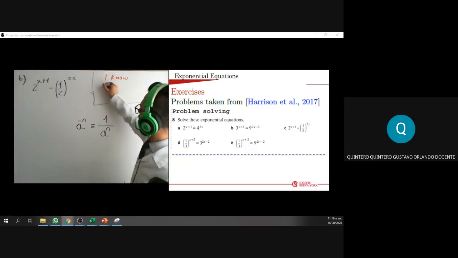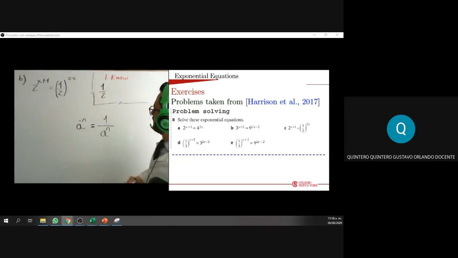We know 1/2 is in this form, a fraction, 1 over something. What I can do is just change it back. This is 2 to the negative 1. Did you see what I did? 2 to the negative 1 is the same as 1/2.